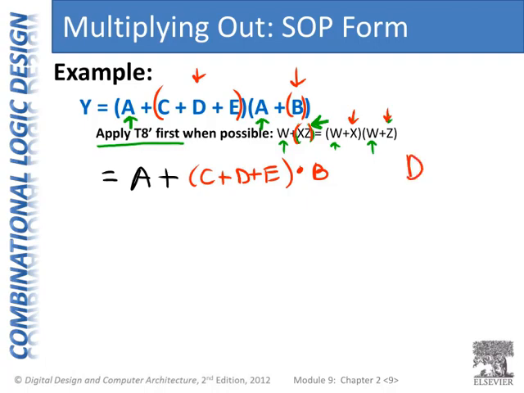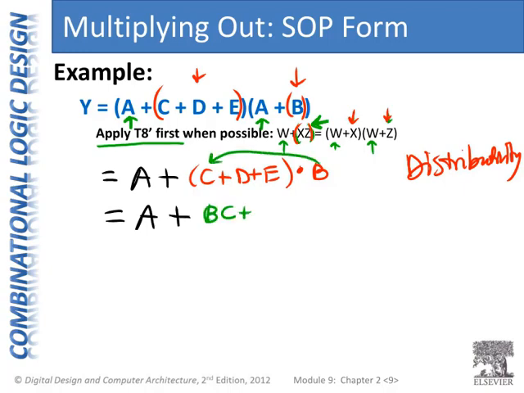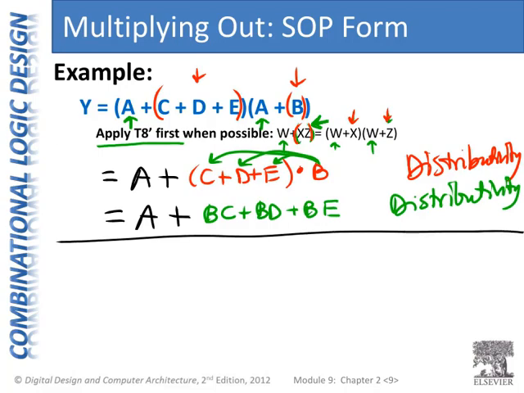So we use distributivity, particularly T8 prime in the reverse direction. And now we can multiply out where we get A or B and C or B and D or B and E. So this is the preferred method, method 1.